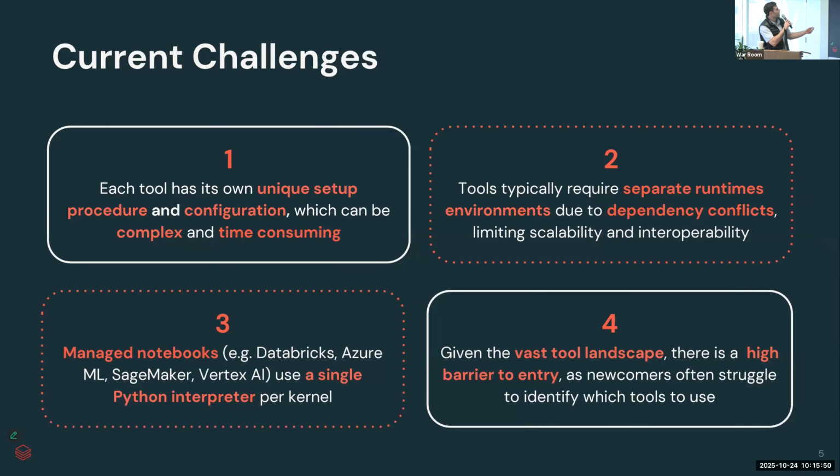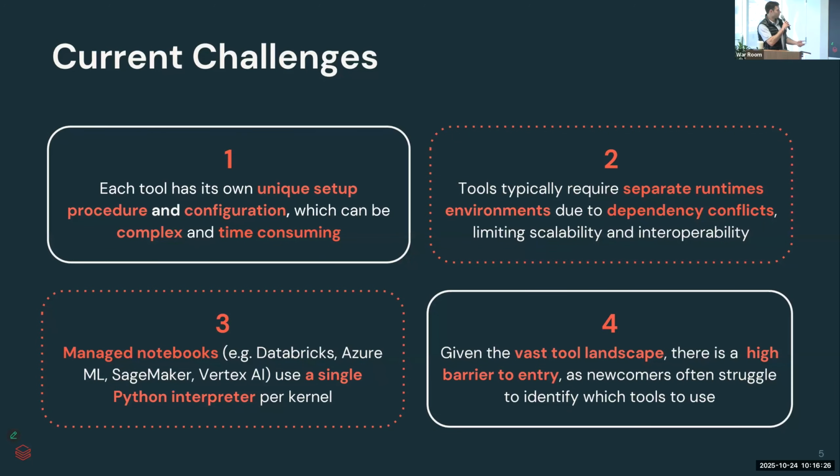So, while there are all these great tools, there are still some challenges. One of them is that each tool has its own unique setup procedure and configuration, and having to do that for each one can be complex and time-consuming. Another aspect would be interoperability between tools. Some of these tools are more static scanners. Others, like Pirate, are custom Python frameworks, and you may want to use multiple tools in conjunction. In terms of scalability, it would be really helpful, in our opinion, to have one Docker image that has all of these pre-configured and pre-installed, so we can automate the testing that we want to do.